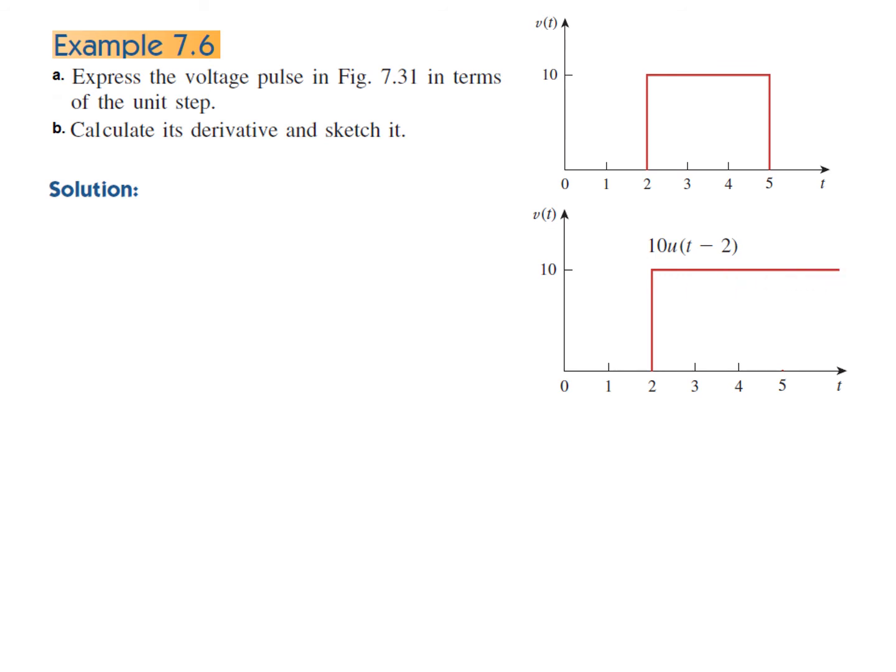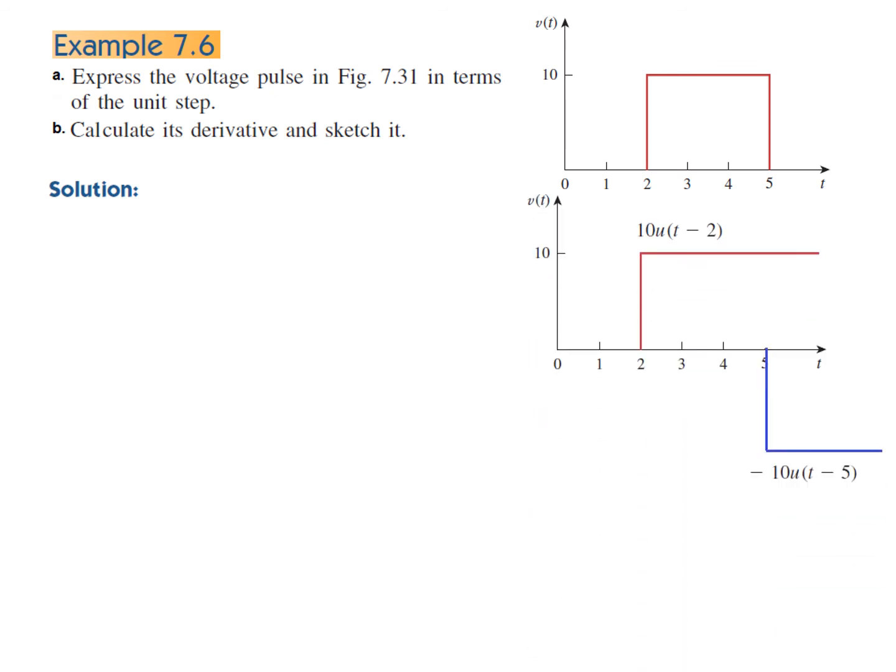But in our question it terminates at t equal to 5, and therefore we have to subtract whatever amount is here at this point. So let's see how it is done. We draw another step toward the negative direction, of the same magnitude on the negative side. So we write minus 10 u(t minus 5), because it starts at t equal to 5.